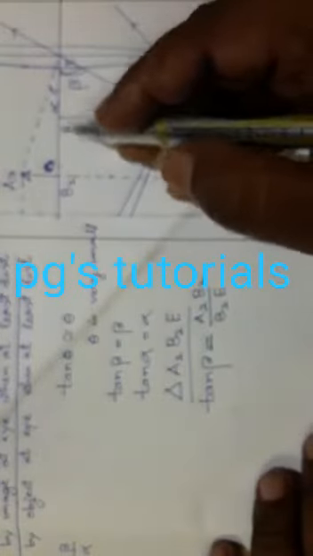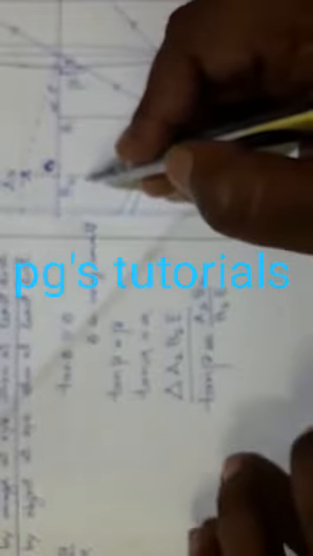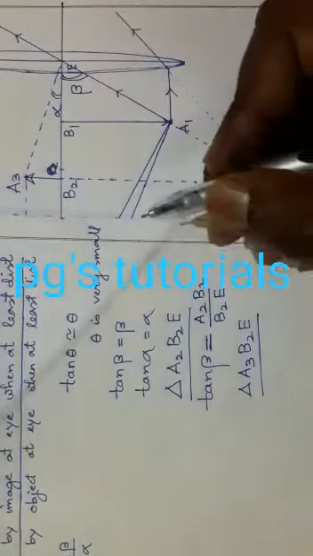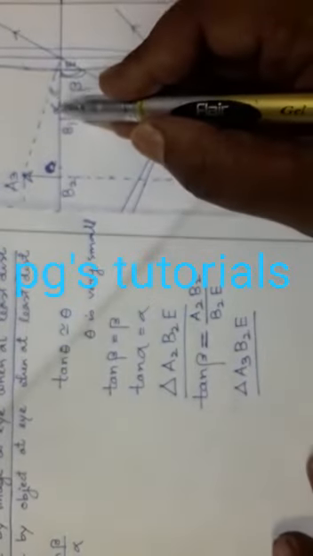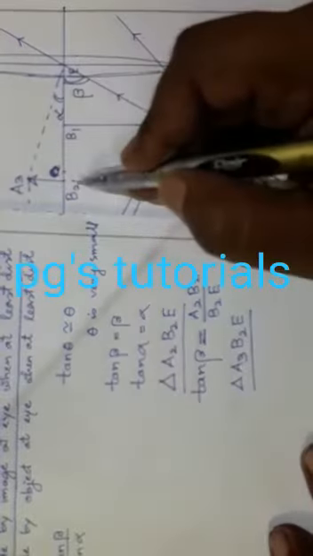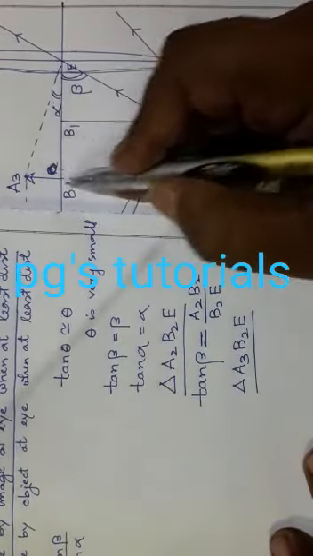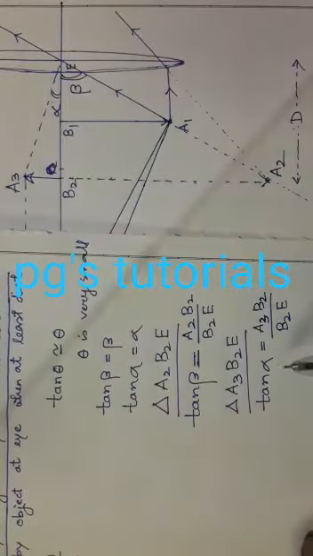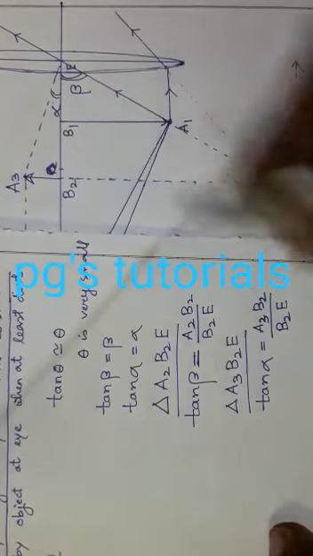Similarly, we can find tan alpha from the triangle A3B2E. In triangle A3B2E, tan alpha is perpendicular by base, so A3B2 by B2E.